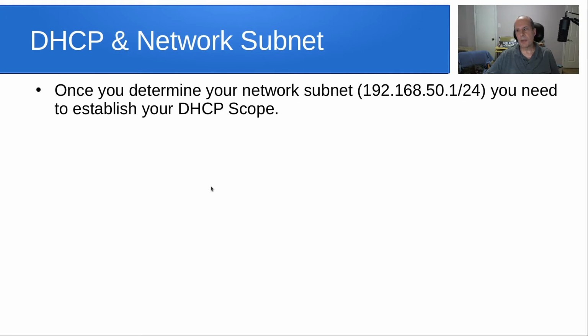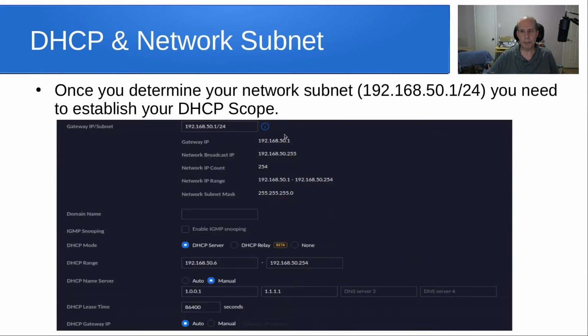Once you determine your network subnet, for example, 192.168.50.1 with a subnet mask of 24, you need to establish a DHCP scope. DHCP is called Dynamic Host Configuration Protocol. It is the protocol by which computers on your network can obtain a TCP/IP address.